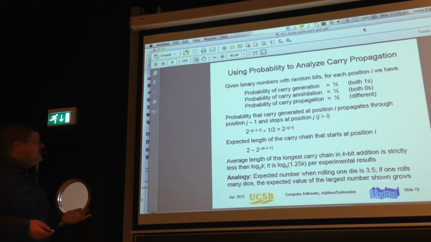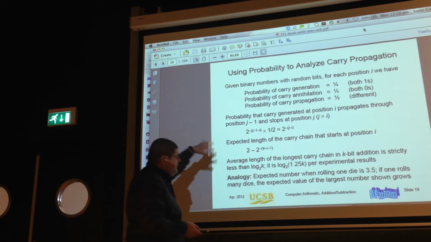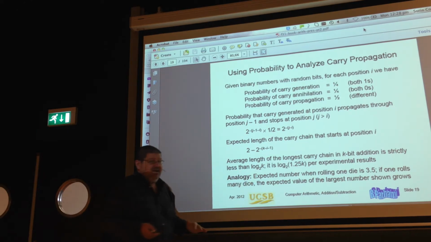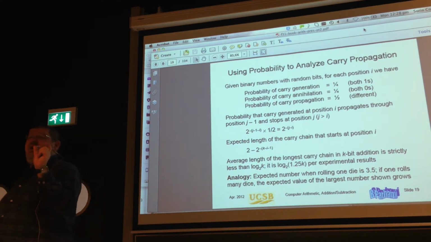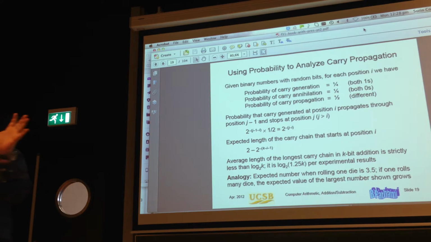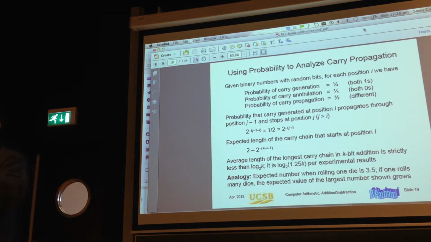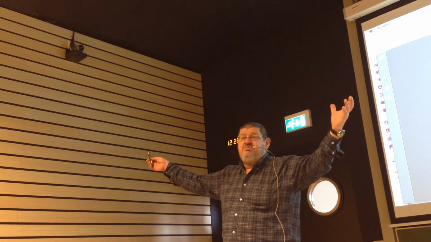Based on this analysis, I can compute that the expected propagation path for a carry is about 3.5 positions. Then even though my operand is 1 billion bits, in most of the cases, the average propagation of carry is around 4 positions.